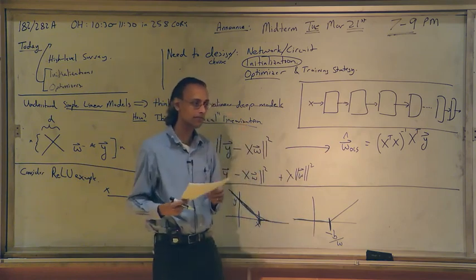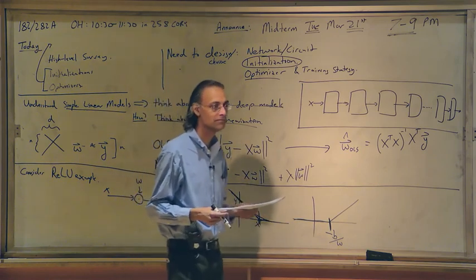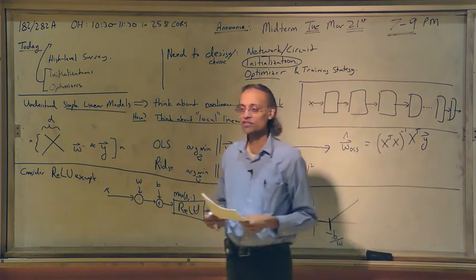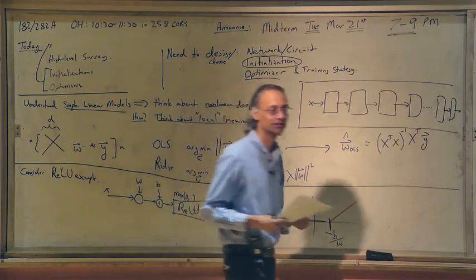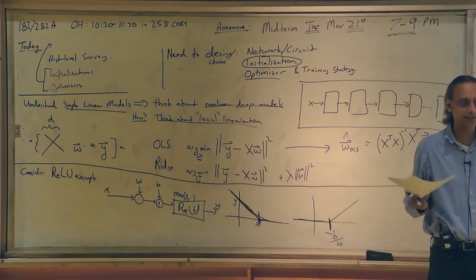Are dead ReLUs an absolutely bad thing? Because I think they would behave like dropout. Good question. The question is, are the dead ReLUs bad or good? It's always good to ask. If you see a phenomenon, you have to ask, is this thing a good thing or a bad thing?